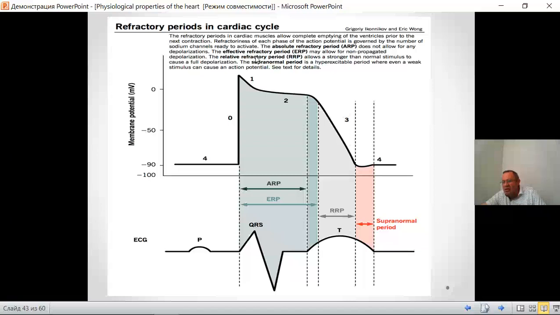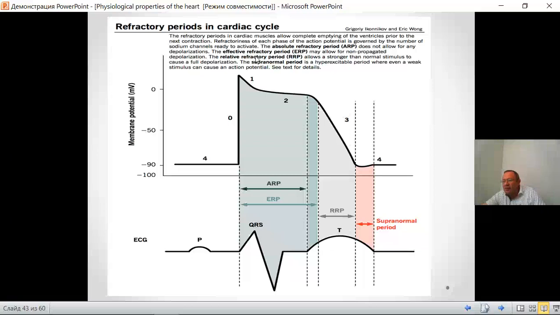Depolarizing current cannot flow through closed channels, and there can be no upstroke. Without an upstroke, a normal action potential cannot occur and the cell is refractory. Once repolarization occurs, the inactivation gates of the sodium channels open and the cell is once again excitable.